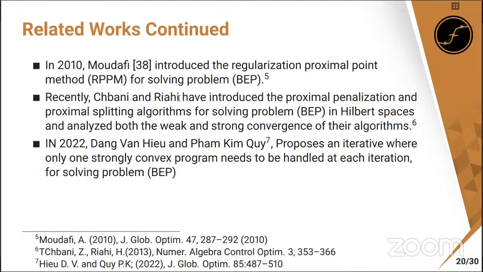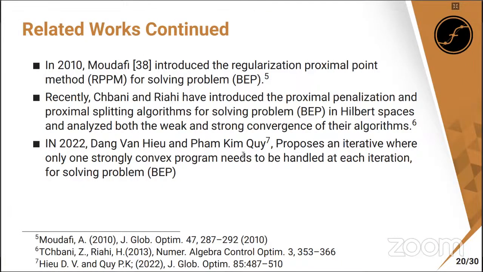But in this work by Hieu and Kwai, they produce an algorithm whereby you only need to solve one convex program at each iteration in order to solve the problem. So our main work is what we did. These guys do their work in Hilbert space. What we do is we analyze their problem in CAT(0) space.